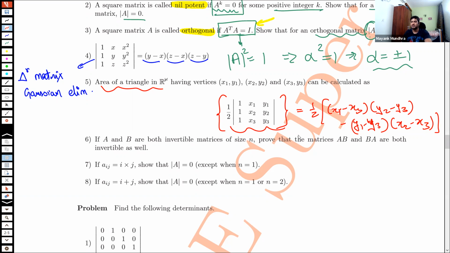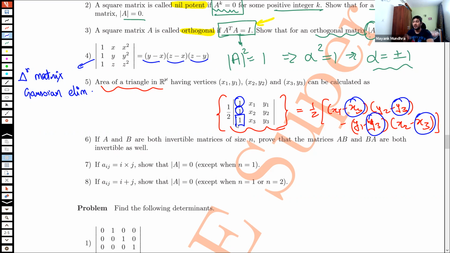Okay, so if you can show this much, then our job is done. So I want to do this in the easiest possible manner. What I see here is that in the way I have written this, I have subtracted x3, y3 from everywhere. So what I'll do in Gaussian elimination is I'll pivot this one and I'll make these two things zero. That's how I'm doing it now.